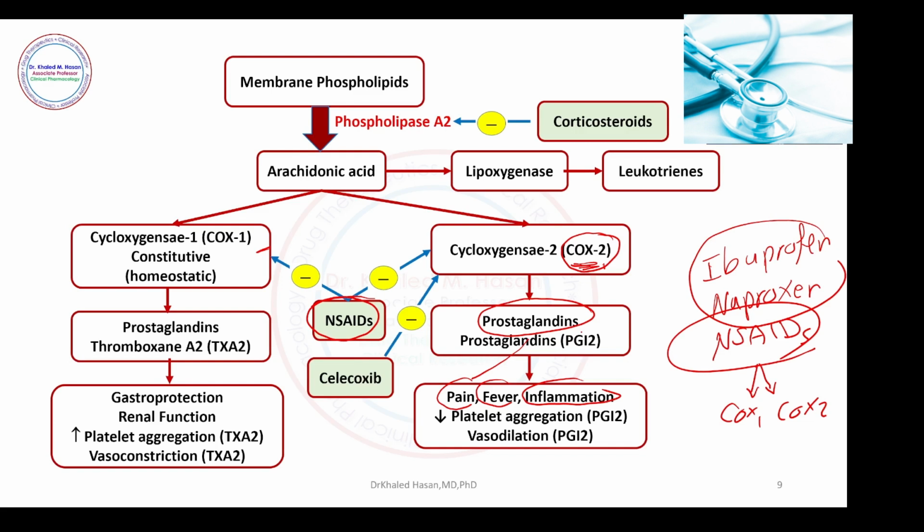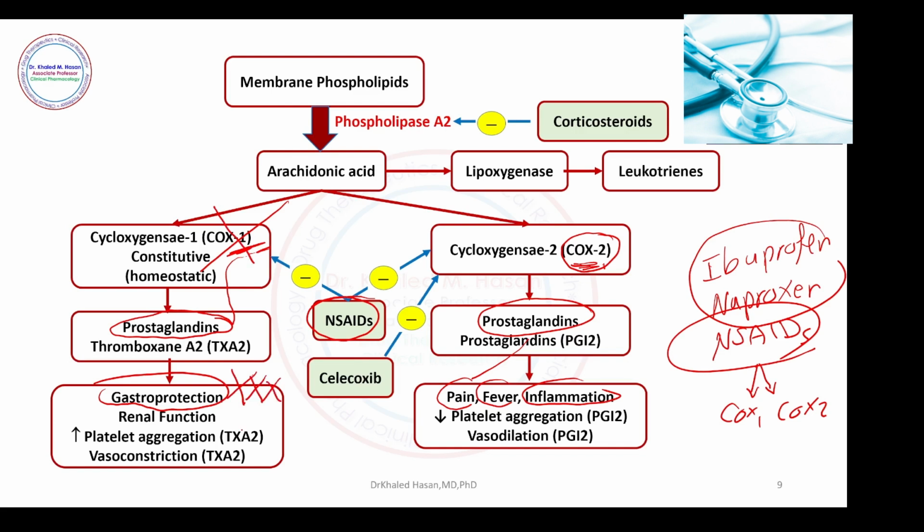On the other hand, these NSAIDs, ibuprofen and naproxen, also inhibit COX-1. COX-1 is responsible for prostaglandin formation, which provides gastroprotection. So when you inhibit COX-1, we remove the gastroprotective effect of prostaglandin.